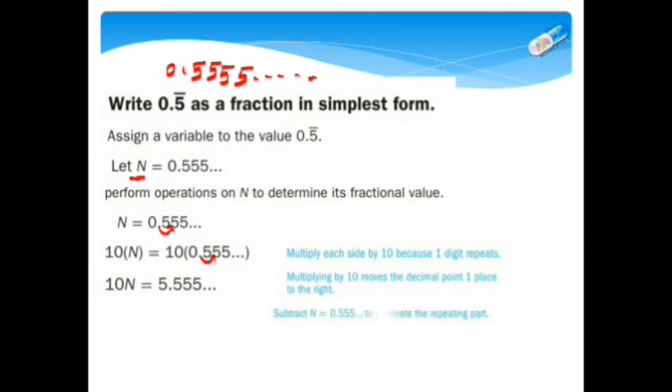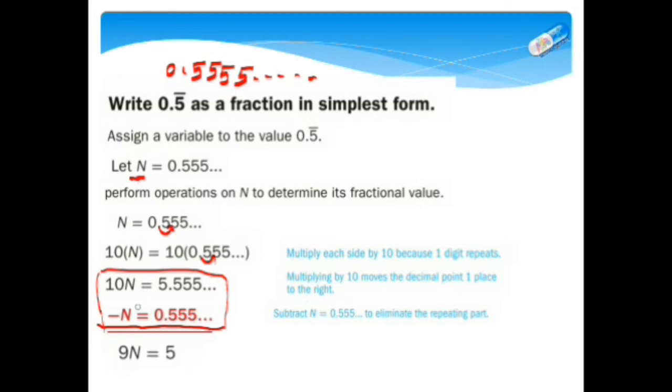What do we do? We subtract n equals 0.555 to eliminate the repeating part. So from 10n equals 5.555 we subtract n equals 0.555. This will give us 10n minus n equals 9n, and on the right hand side 5.5 repeated minus 0.5 repeated.